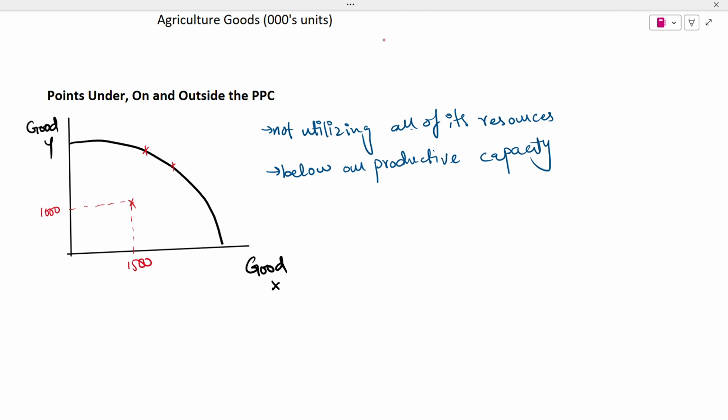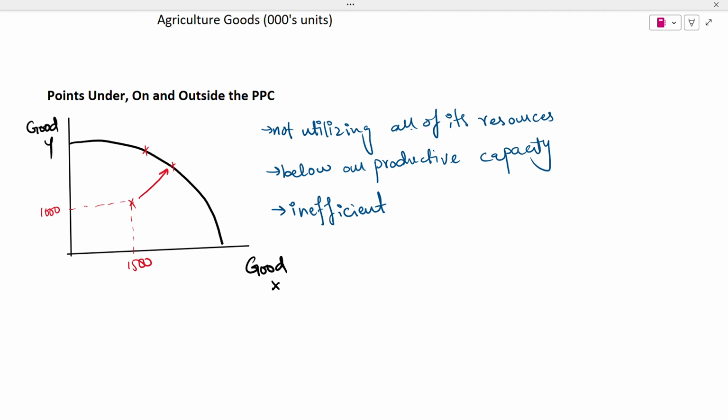So any point that is inside the PPC is inefficient, right? Because you're not utilizing all of your resources, it's productively inefficient. And another implication that you guys should know is that if we move from a point inside to outside the PPC, we won't incur any opportunity cost, right?